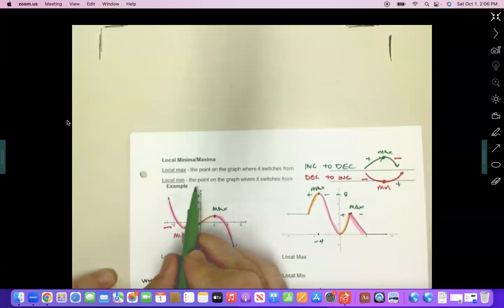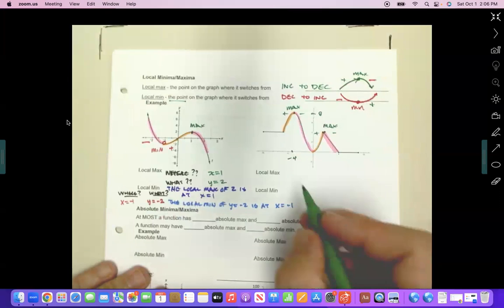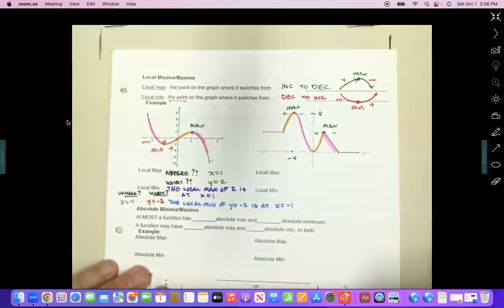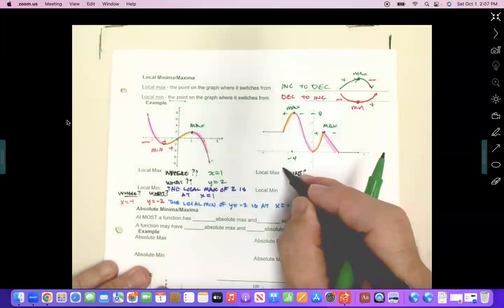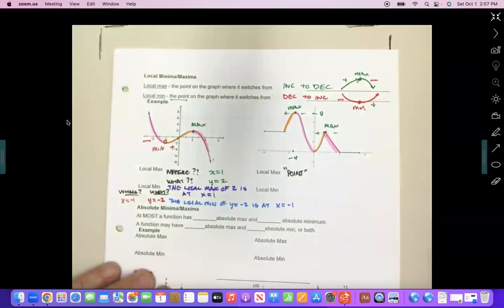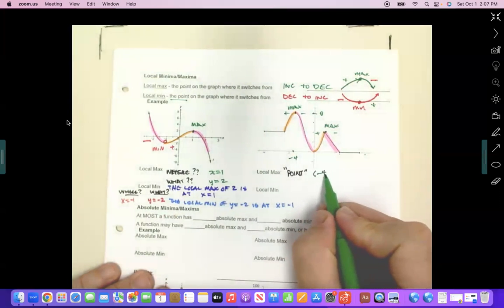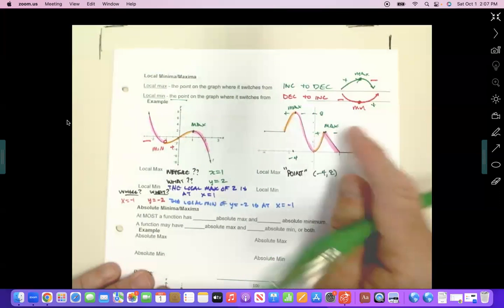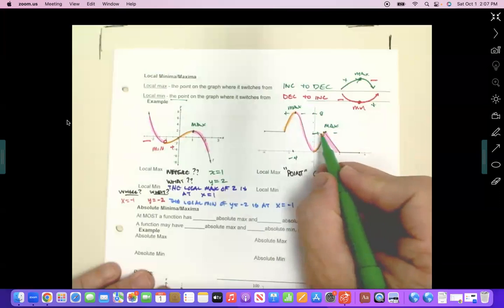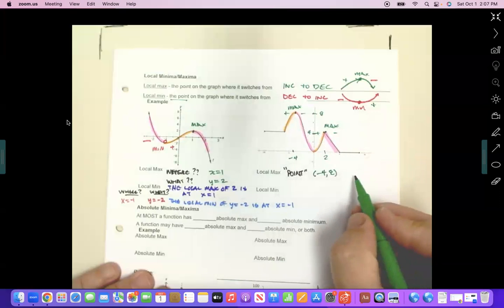So another way that they'll ask this, maybe not in words what and where, but it could be find the point of the local min or max. Remember, if it uses the word point, then we have to answer this as an ordered pair. Our local max would then be at -4, 8, and then our other one would be over here, which appears to be a value of 4 on the y-axis and 2 on the x-axis.